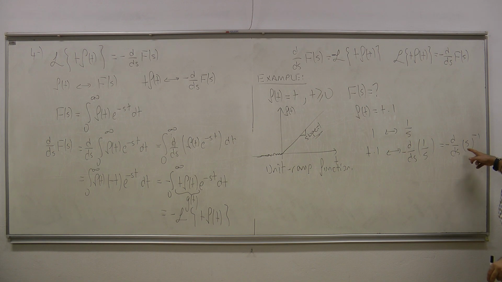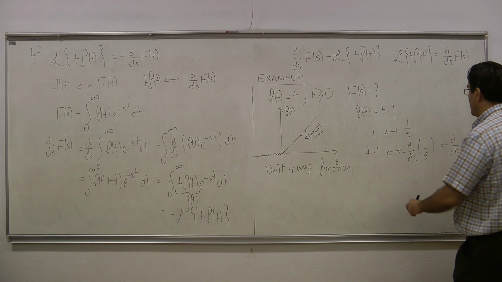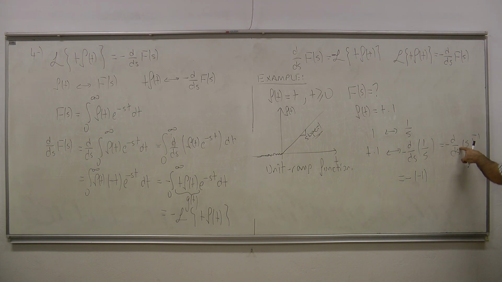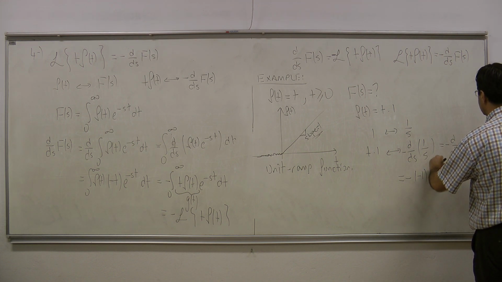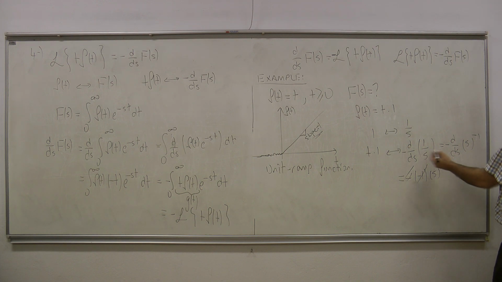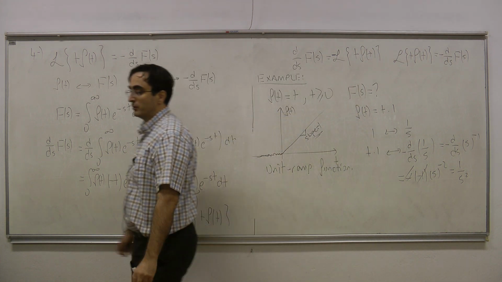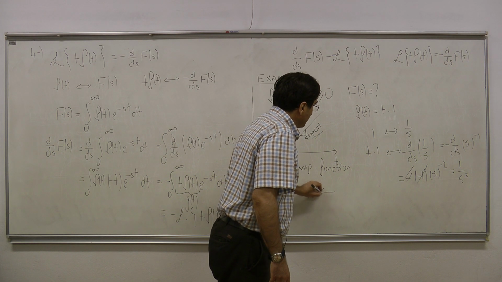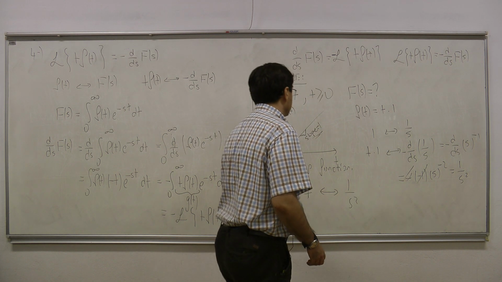Now the derivative of s to the minus 1 with respect to s is: minus 1 comes to the front, and I subtract 1 from the power, giving s to the minus 2. These minus 1s cancel each other, and I have 1 over s squared, which is s to the minus 2. Therefore, the unit ramp function t has the Laplace transformation 1 over s squared.